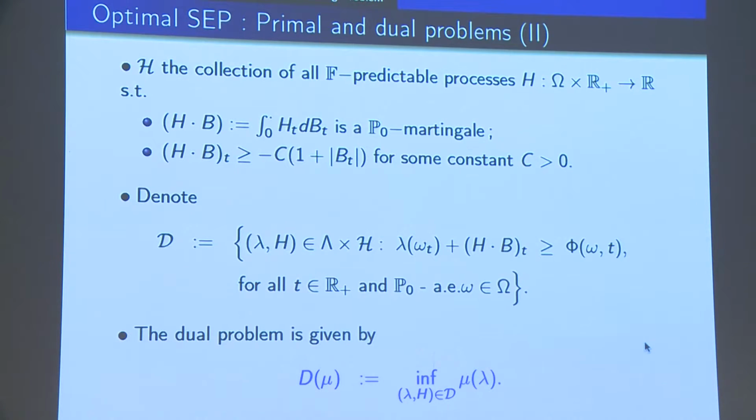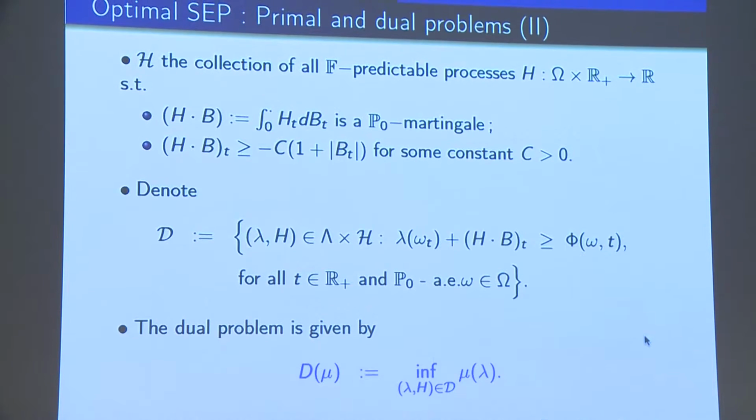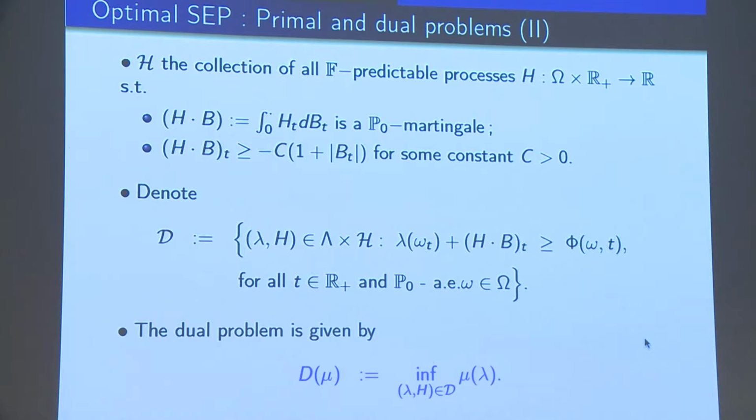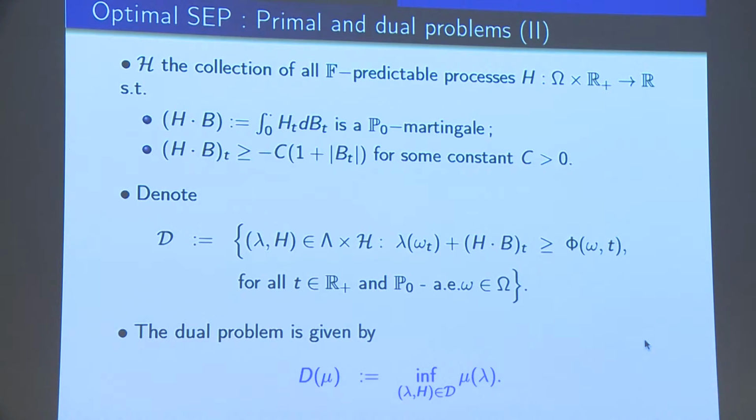So we require some technical conditions for this H such that it is ensured to be a supermartingale. So define D by the couples lambda, H such that this inequality holds P0 almost surely for all omega in the space omega. And then the dual problem is defined as the minimum of the integral of lambda with respect to mu for all lambda, H belonging to this set D.